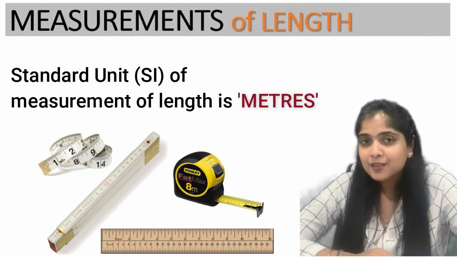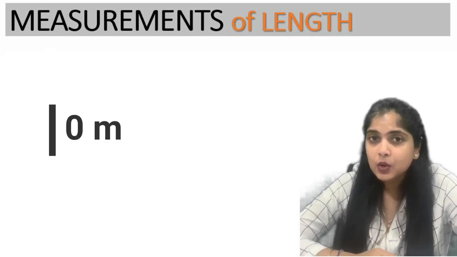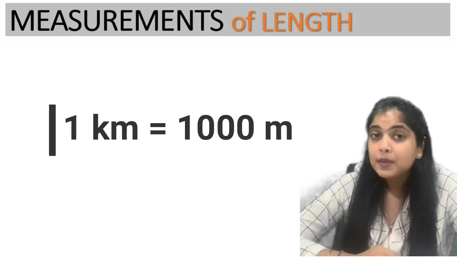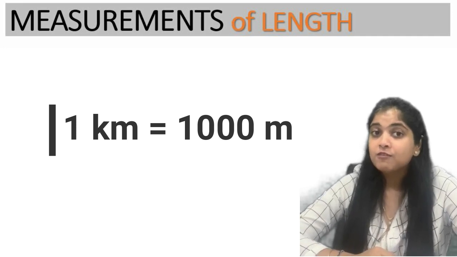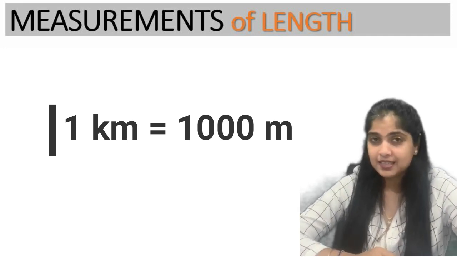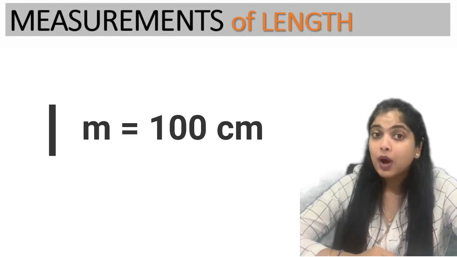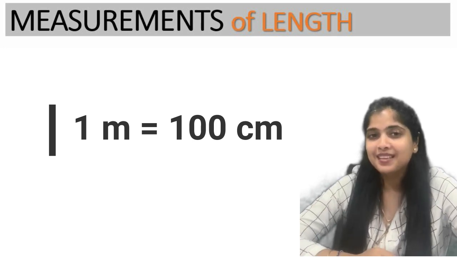Now let's see the conversion. Now 1 kilometer is equal to 1000 meters. Remember, kilo means 1000. Now let's see the conversion of meters to centimeters. Now cent stands for 100. So 1 meter is equal to 100 centimeter.